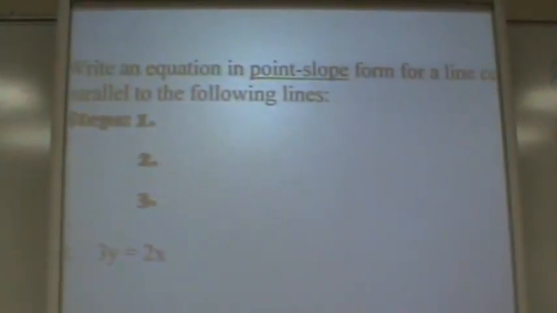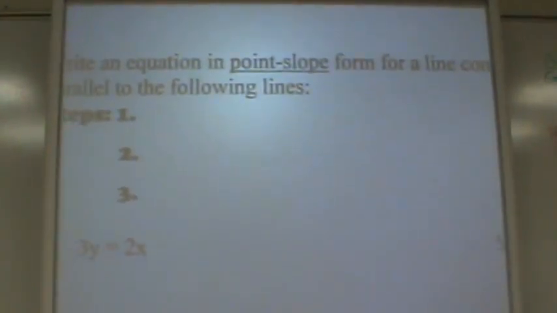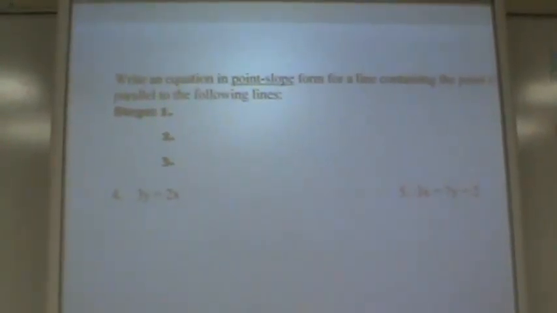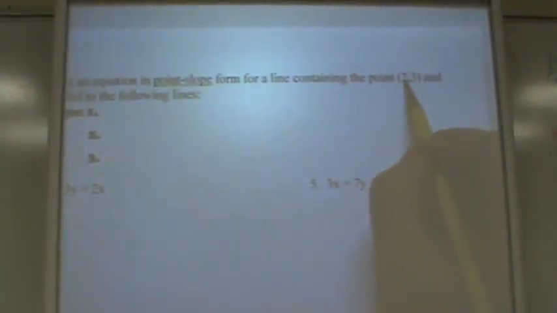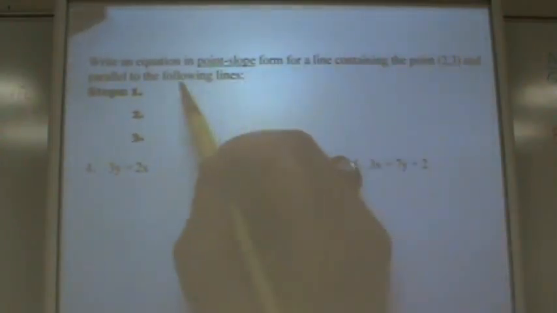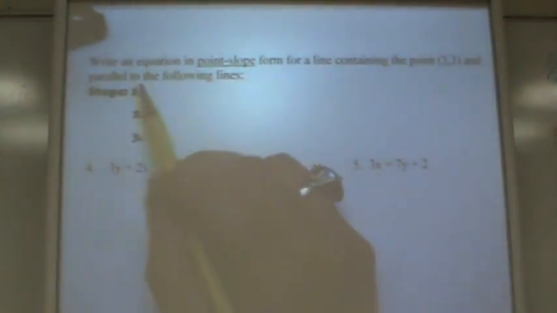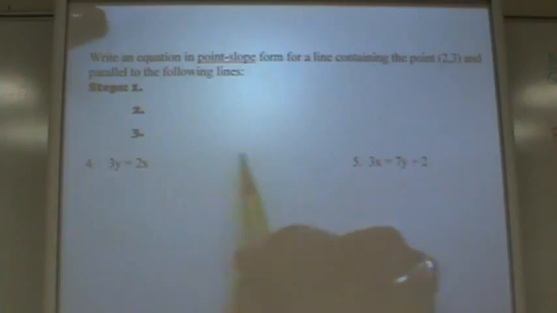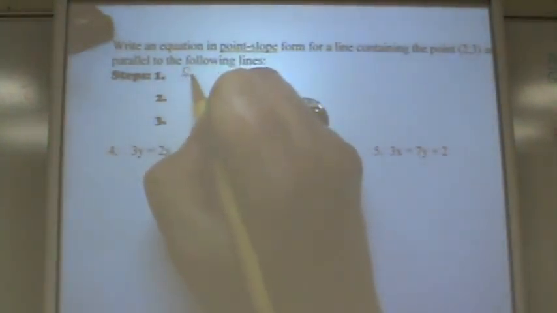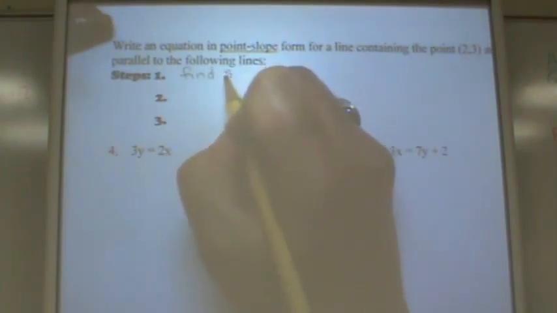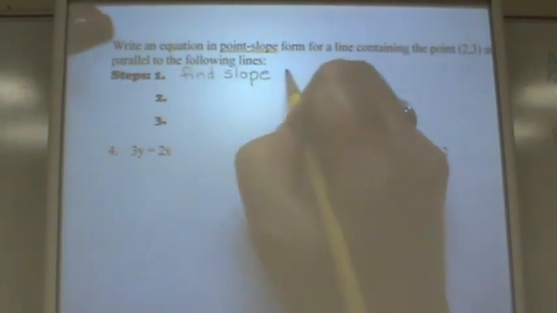Okay, next, how do you write an equation of a line in point-slope form and then eventually turn it into slope-intercept form for a line that passes through this point and has to be parallel to the following lines. So let's do the first one. First step is you have to find the slope of the line.